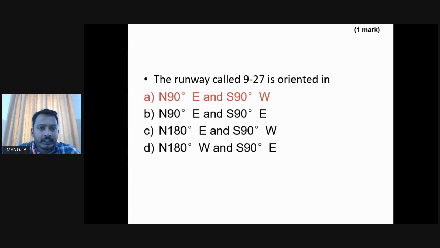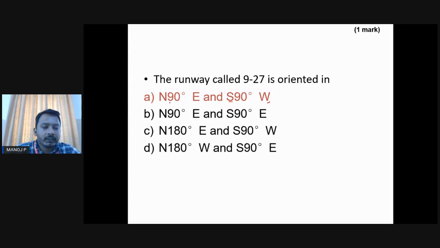Here 9 means 90 degree and 270 means it will be toward south west. Since it will be at lower point, it is south. Since it is at higher point, it is west.